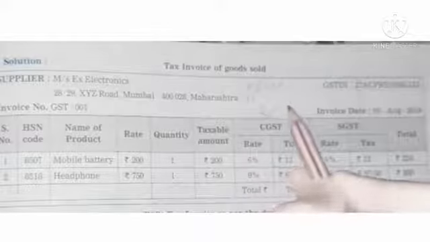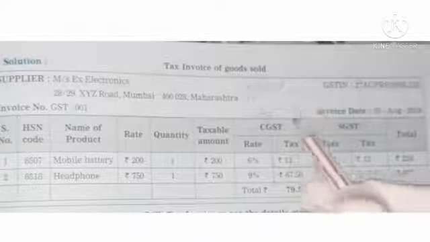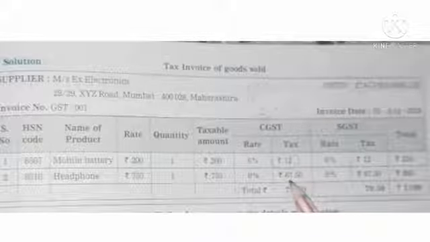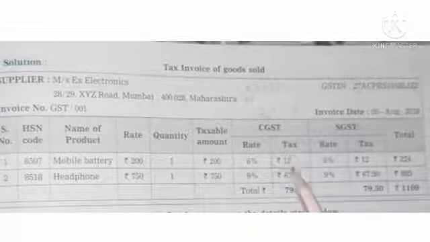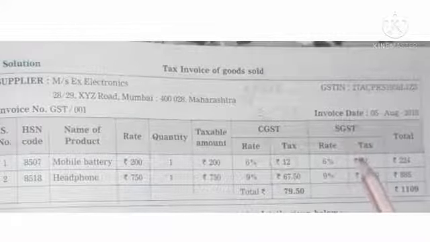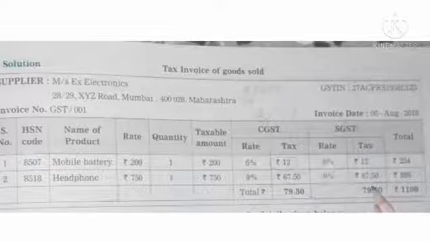What is the taxable value here? 750. The 0 gets cancelled and you calculate, we get 67.50. Okay, understand how this tax becomes? Rate of CGST is 6% of taxable amount, means 6% into 200, and here 9% into 750, you get the tax. Same for SGST, rate and tax is there.